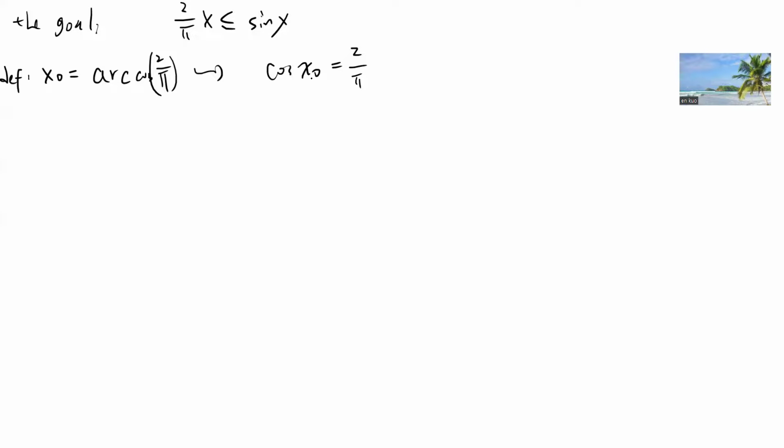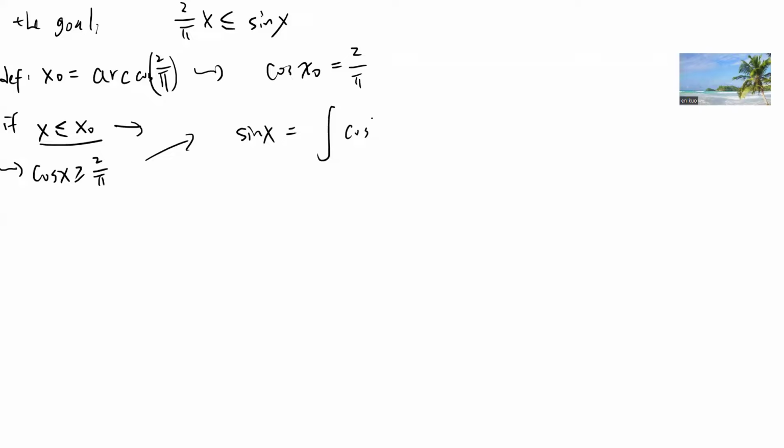Notice that cosine is decreasing when x increases from 0 to pi over 2. Let's consider if x is less than or equal to x0. In this case, cosine x is greater than or equal to 2 divided by pi.